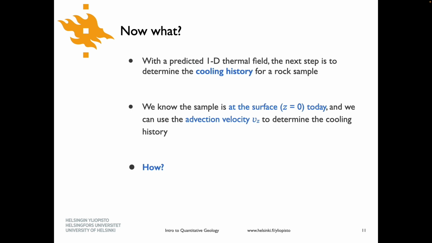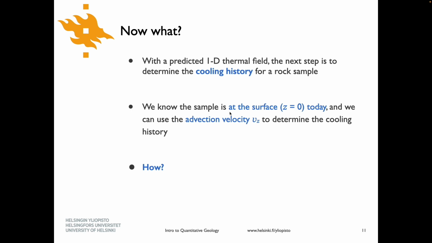That will allow us to calculate what the temperature is at any given time in our model. But we need to somehow record a temperature history of a rock as it travels from depth to the surface, because we need to know when it passes through the closure temperature. When does it cool below that closure temperature on its way up to the surface?